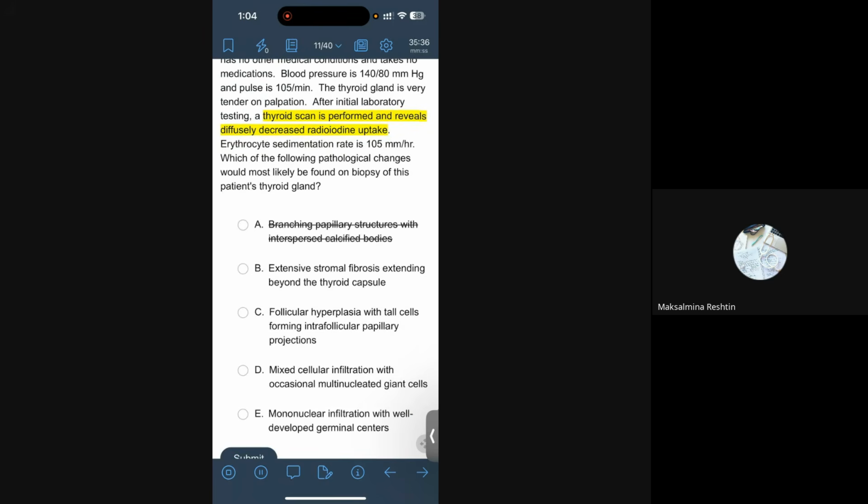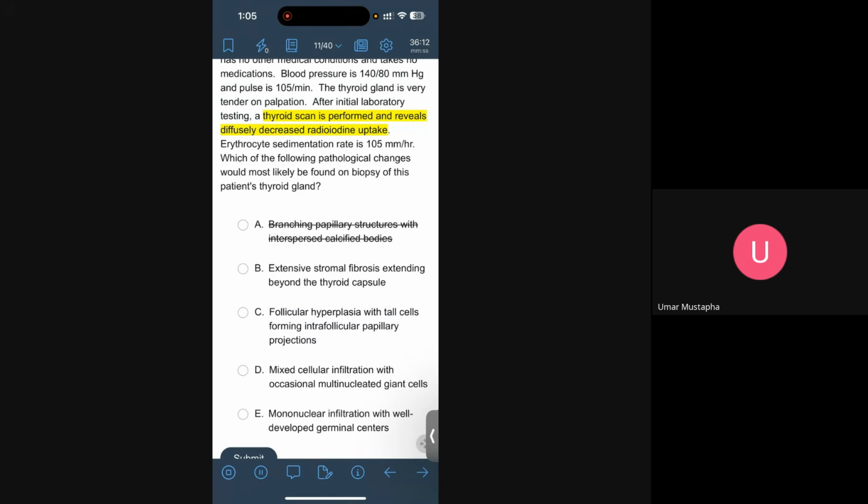Extensive stromal fibrosis extending beyond the thyroid capsule is Riedel thyroiditis. Option C: follicular hyperplasia with tall cells forming intrafollicular papillary projections is Graves disease.